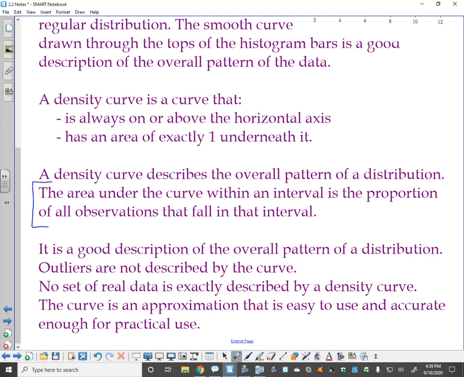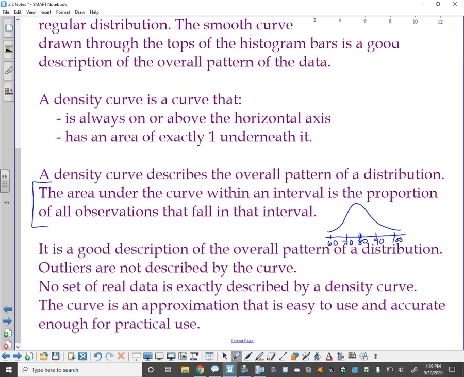The area under the curve within an interval. Okay, so let's say I have a curve. Let's say these are your stats grades. And let's say we average at an 80. There's a 90. There's the 100. 70, 60. So our grades are ranging from about a 60 to 100.